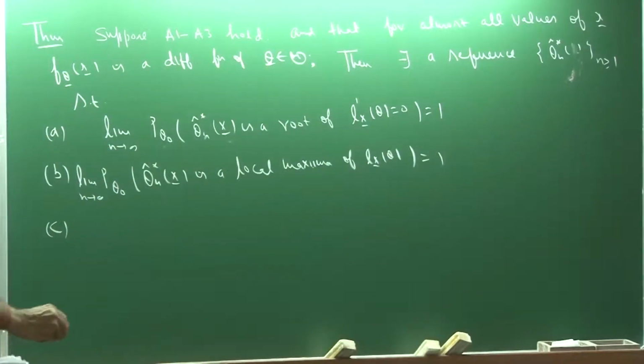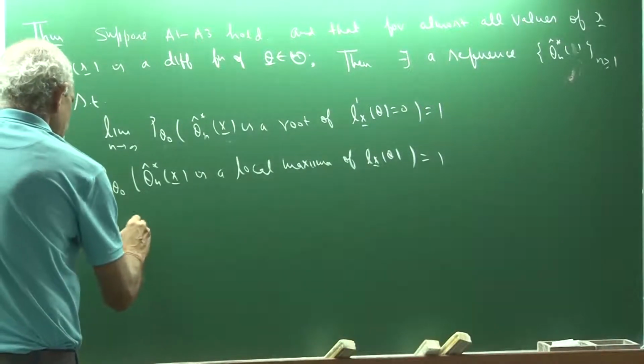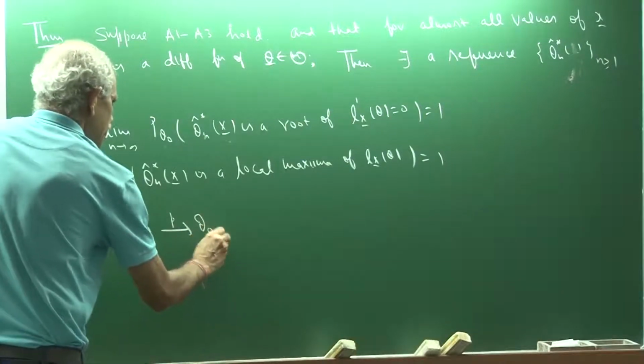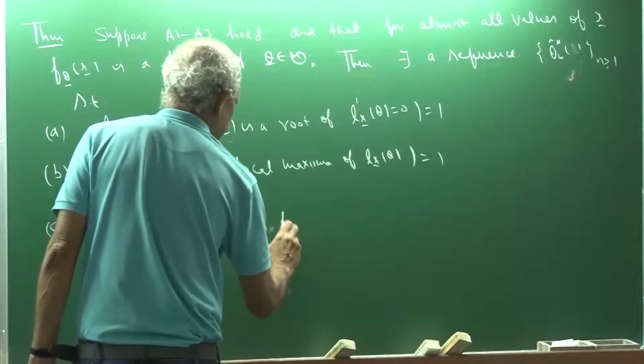Third thing is theta n hat star x goes in probability to theta naught, almost surely with respect to the distribution under theta naught.